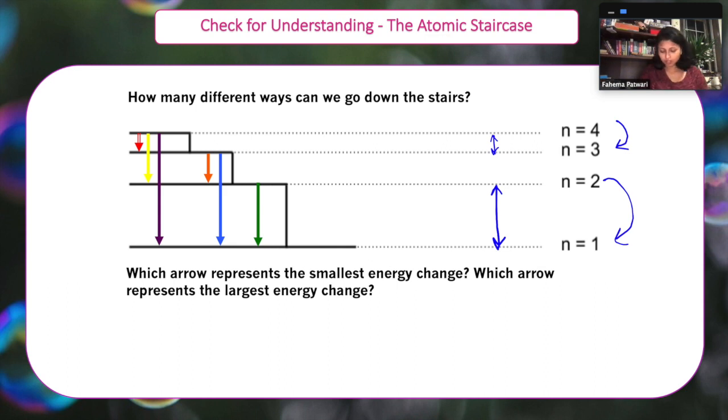This is because energy levels converge as you go higher up. This energy level is far apart, this one is closer, these two are closer. So as you go higher in energy, the energy levels are closer together. So from 4 to 3 is a much smaller drop than from 2 to 1. So the red light represents the smallest energy change. And the biggest drop is from 4 to 1, and that's represented by violet light.